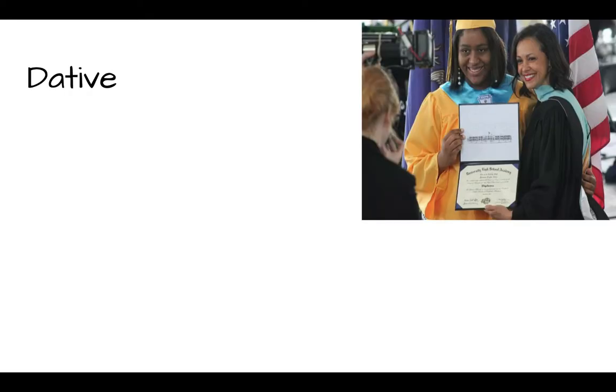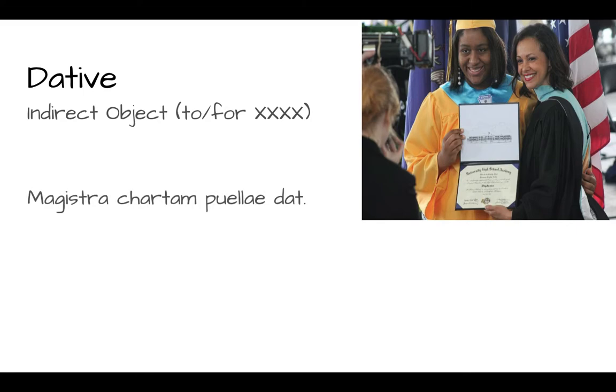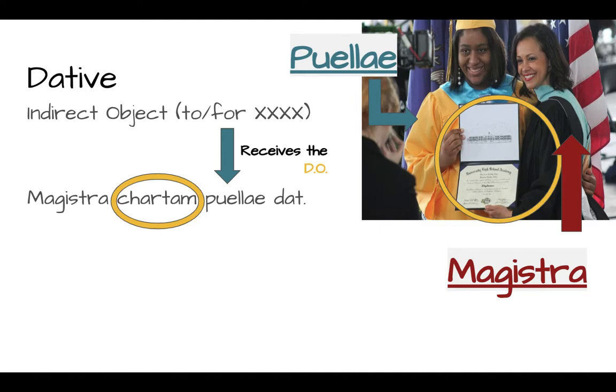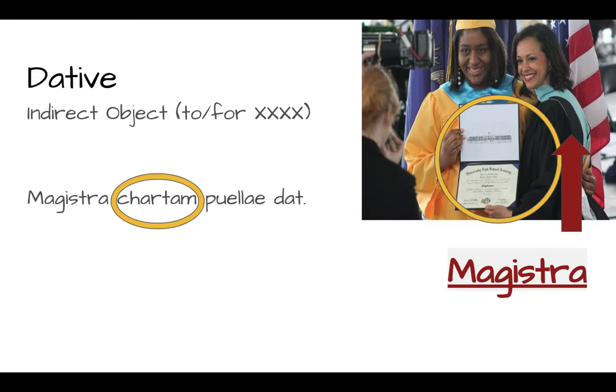Okay, so then this is where that dative comes in. So we have dative for an indirect object. If you're like, oh, indirect object, just remember this is whoever something is to or for. So magistra cartam puellae dat. So we have magistra. Magistra is your nominative, your subject, because she is performing the verb of dat. Oops, I didn't animate that. I'm sorry. So magistra dat.